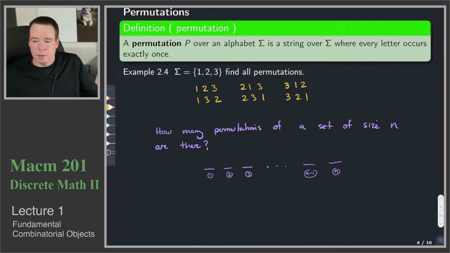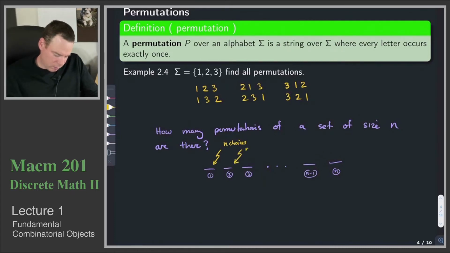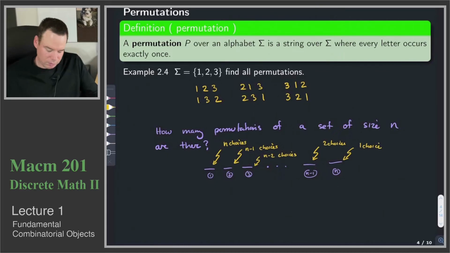Now I think about filling those slots. There are n choices of a character from the alphabet to put there. Once I've placed a character there, there are n-1 choices for a character to go there. And then there are n-2 choices for this character, all the way down to 2 choices here, and finally 1 choice for the last one.